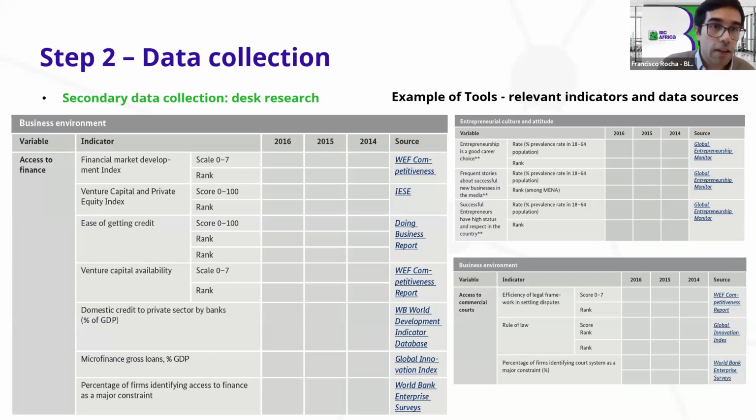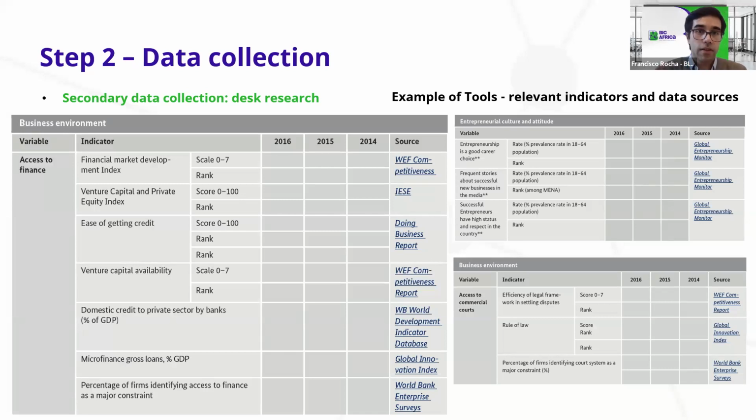So you see there in the indicator, we talk about, for example, ease of getting credit, and the source where you can get that information from, it's the Doing Business report, and you have there the link that is easily accessible in the guide. Or, for example, if you want to know aspects concerning the domestic credit to private sector by banks, you can go to the World Bank Development Indicator Database, and they have this information.